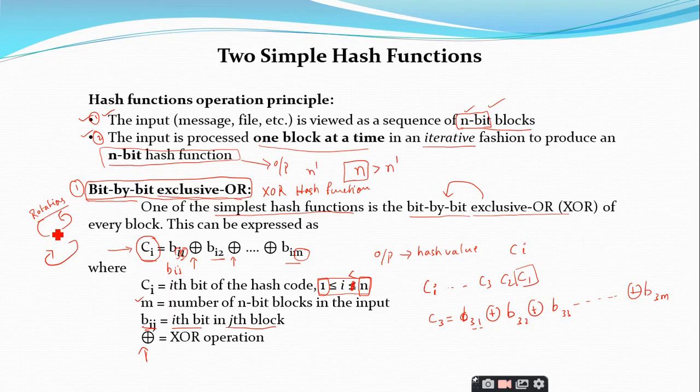These rotations are performed on the hash value after each block is processed. The formula remains the same, Ci is equal to Bi1 exclusive OR Bi2 exclusive OR, and so on up to Bim. But once you process one block, whatever hash value you get is to be shifted towards its left or right. That is called the rotated XOR hash function.